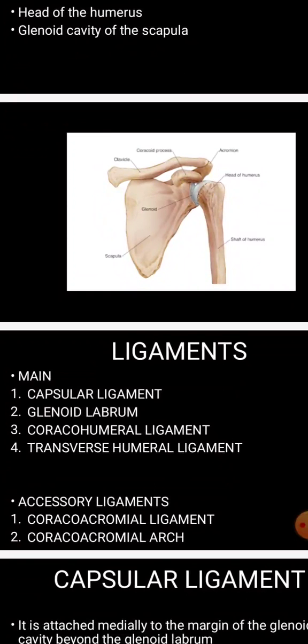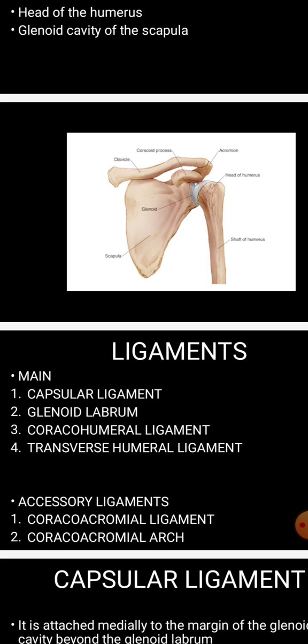When two bones articulate together to form the joint, there will be friction when there is movement of the joint. So to prevent the wear and tear of the bones, the articular surfaces are covered by a fibrous cartilage. That is the main function of the articular cartilage.